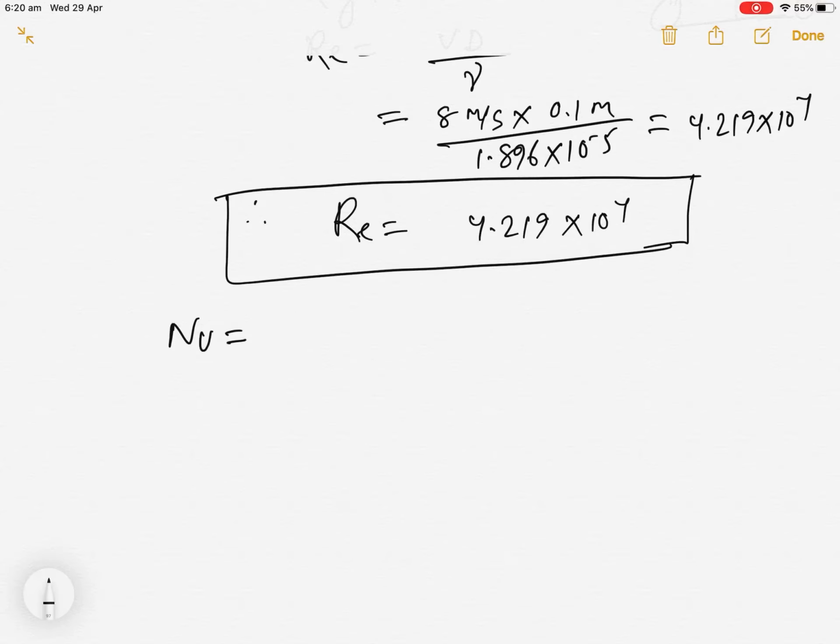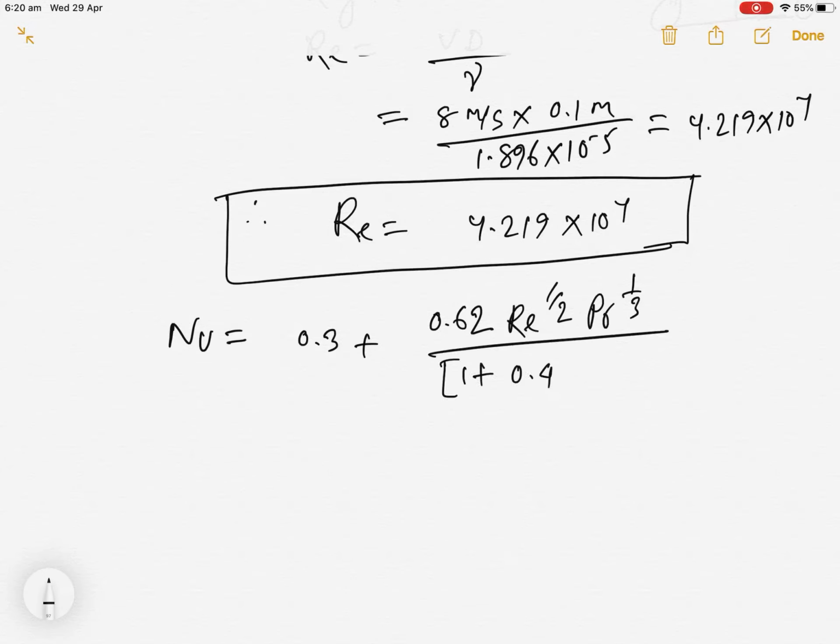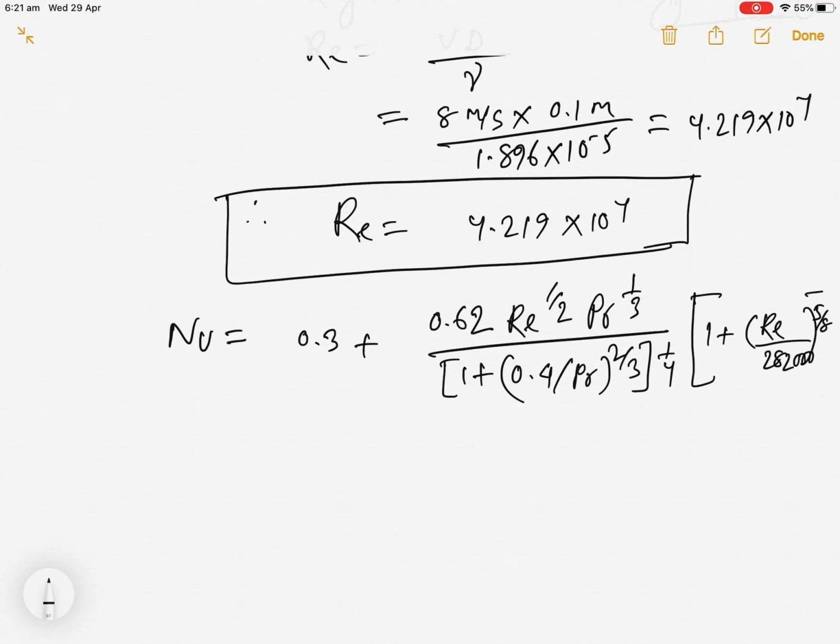Nusselt number is equal to 0.3 plus 0.62 Reynolds number to the power half, Prandtl number to the power 1 over 3, over 1 plus 0.4 over Prandtl number to the power 2 over 3, the whole to the power 1 over 4, times 1 plus the Reynolds number over 282,000 to the power 5 over 8, and the whole to the power 4 over 5.